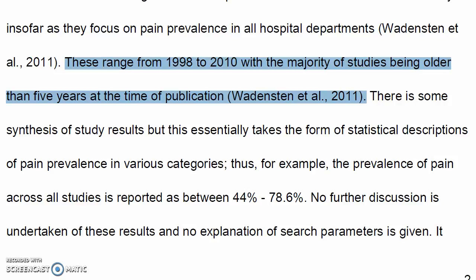Now, many students just leave that at that, and that's what he's done. One of the places where he might have picked up a couple more marks is to say, in the next sentence after that highlighted sentence, something to the tune of, however, the studies that were used were relevant to the particular area because of such and such.